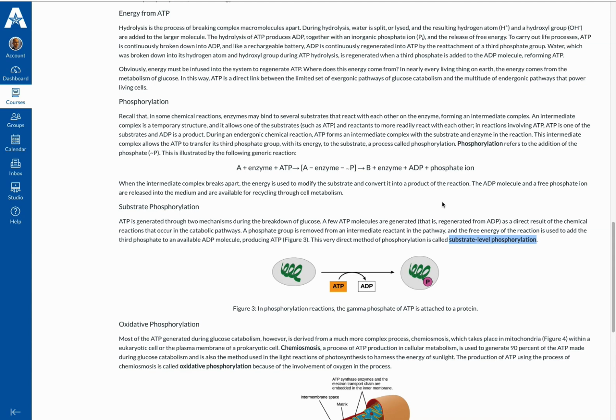So it's basically the source of ATP for a cell that if the cell doesn't have any oxygen, it can still generate some energy through substrate level phosphorylation. And when we start with a glucose, we can actually break that glucose down and get some ATP from it. About 10% of the glucose's energy can come from substrate level phosphorylation through glycolysis.